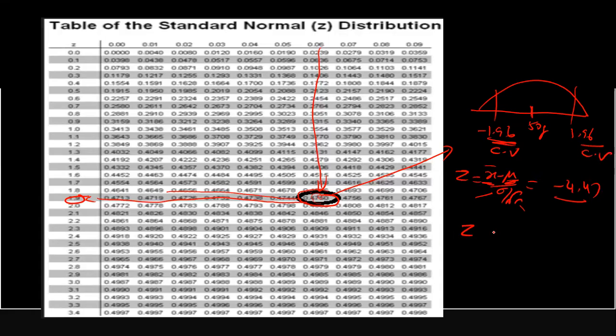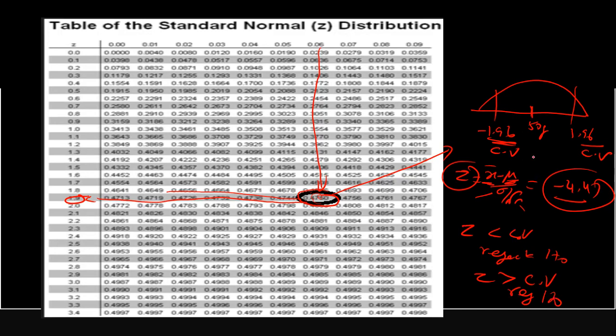If my z value is less than the critical value, reject H0. That means reject the null hypothesis. If my z value is greater than the critical value, then also I'm going to reject the null hypothesis.